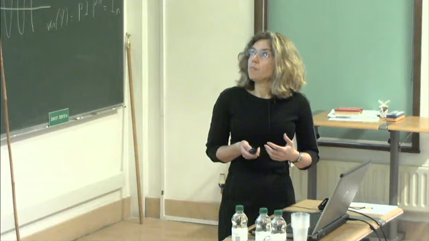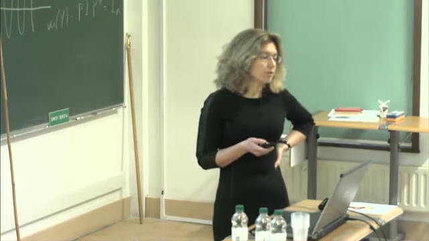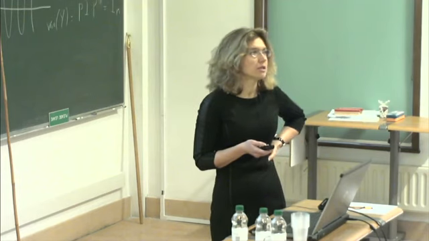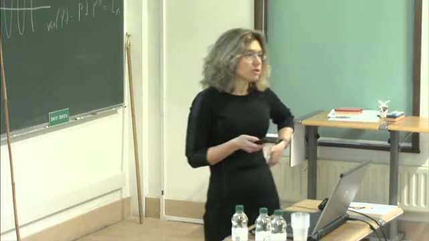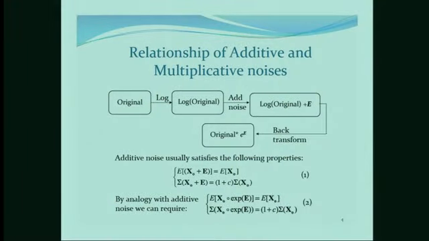So basically, it would be nice to retain the desirable properties of additive noise, but in addition to preserve these data-specific constraints. So one solution can be to actually apply multiplicative noise. This method actually recently gained some attention by some researchers, but mostly from the risk perspective. But the relationship between additive and multiplicative noise is simple.